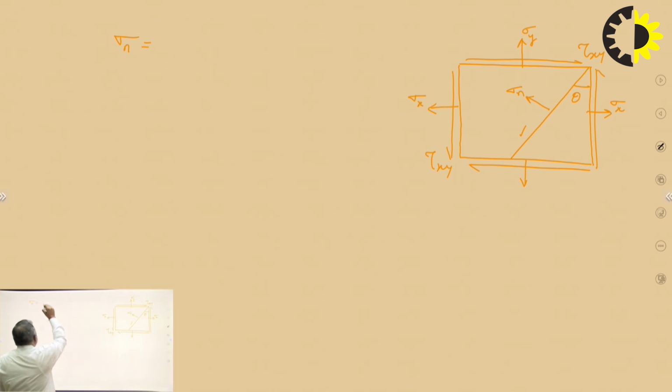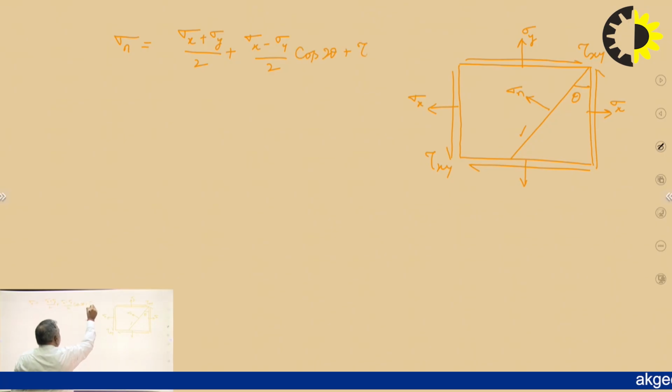That is, sigma n is equal to sigma x plus sigma y by 2, plus sigma x minus sigma y by 2 cos 2 theta, plus tau xy sin 2 theta. This relationship we can easily obtain.